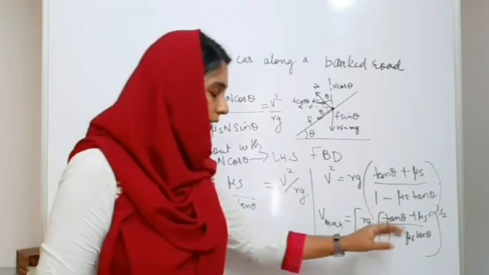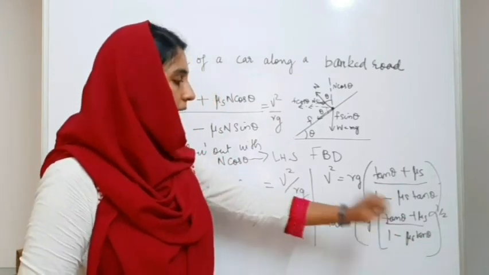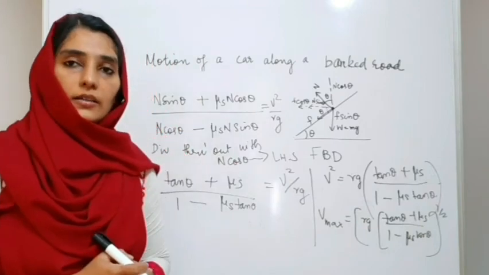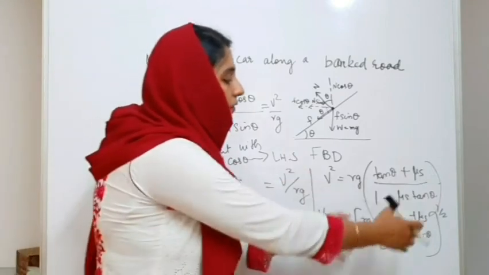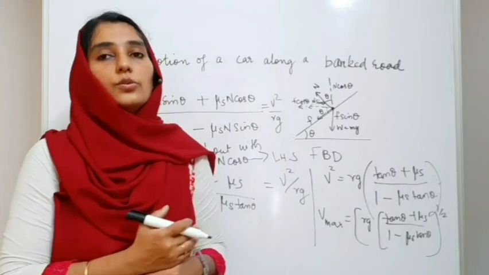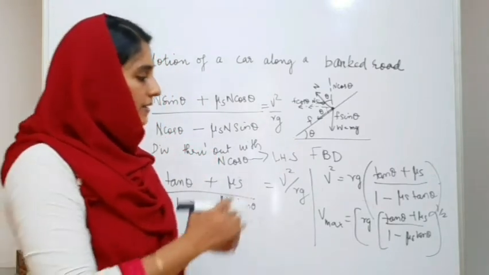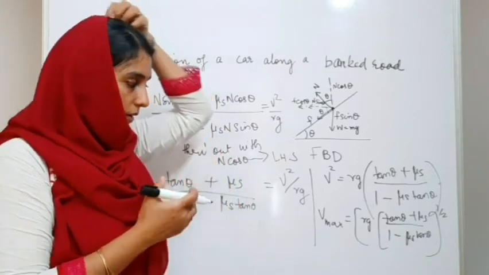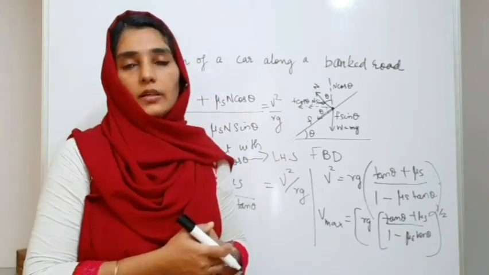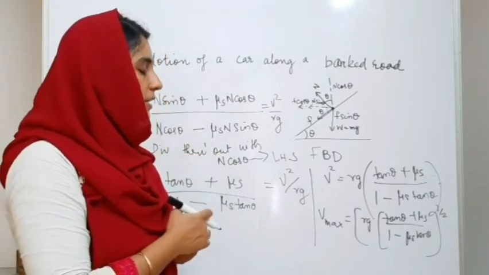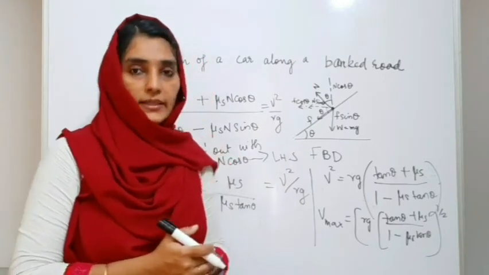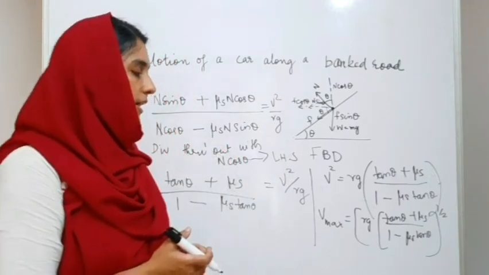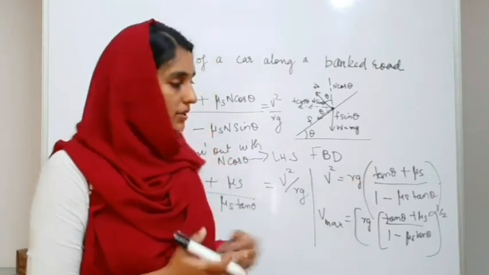Now we have an additional term which depends upon the angle of banking and the coefficient of static friction, and we can have an extra value for additional speed for moving without skidding along a circular road if it is banked, or the maximum safe speed with which a car can negotiate a circular path if it is banked. So this is the expression.